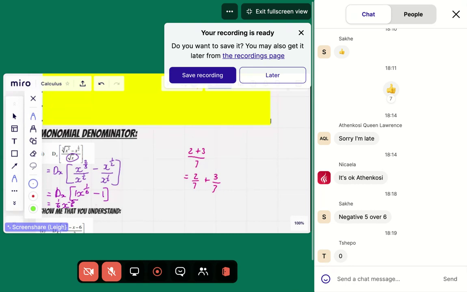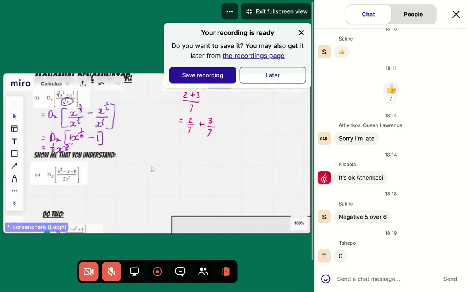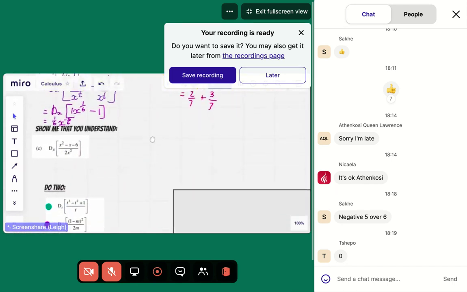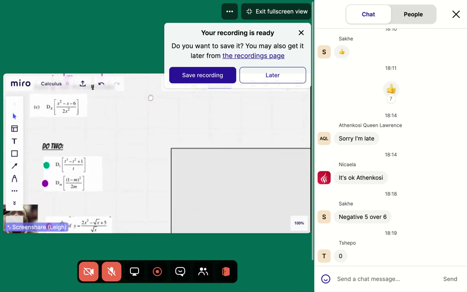All right, so enough about me. Now it's back to you guys. I've got another question here, and you're going to show me that you understood. So I would like everybody, please, to try this question over here. Question C, is it big enough? I hope it's not blurry.